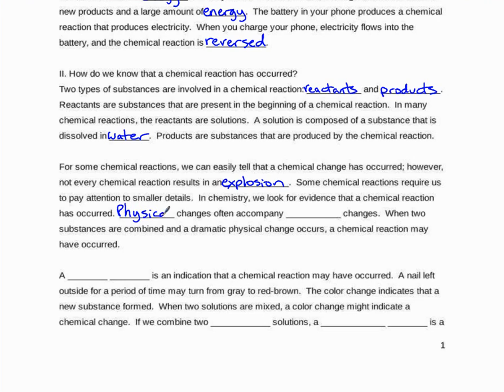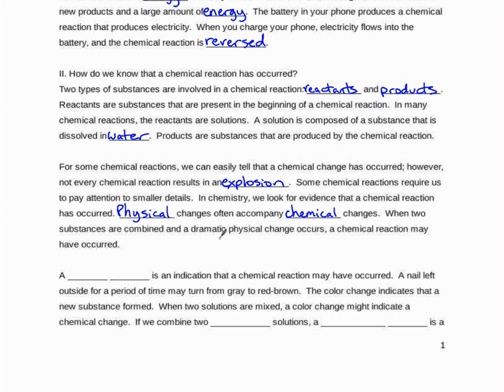A lot of times, physical changes will accompany chemical changes. Maybe there's a change in color, or maybe things are changing state, liquid, solid, gas. When two substances are combined and a dramatic physical change occurred, a chemical reaction may have occurred.